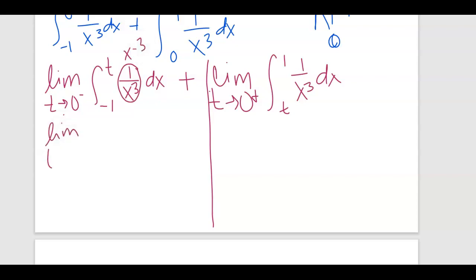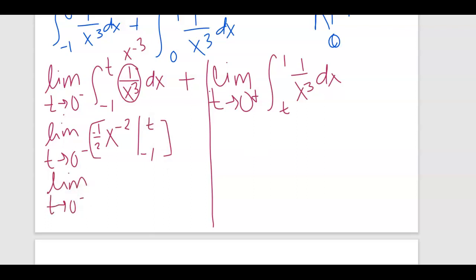So limit as t goes to 0 from the left of x to the -2 divided by -2, so -1/2, from -1 to t. So limit as t goes to 0 from the left of -1/2, 1 over t squared minus 1 over -1.